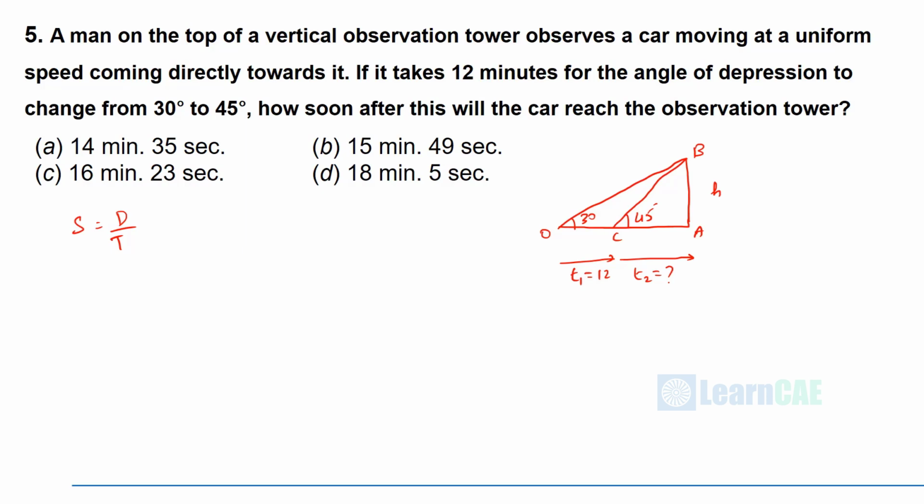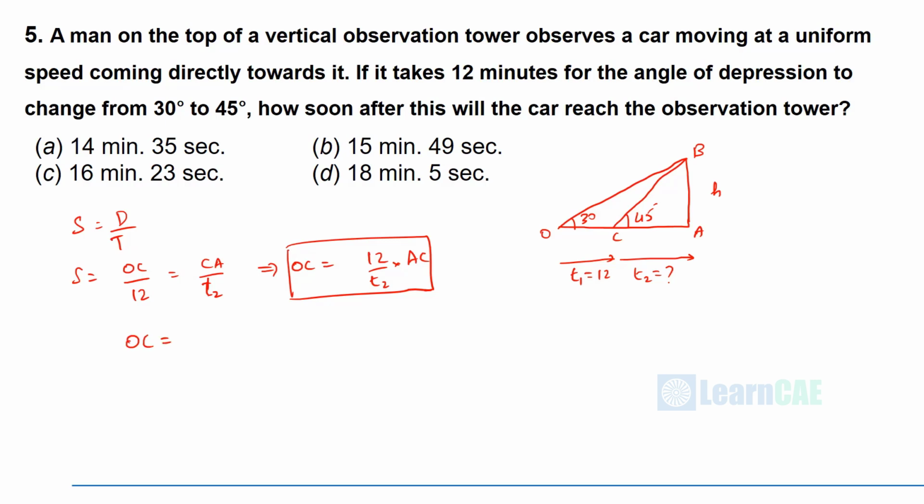Since the car is moving at a uniform speed, we can say the speed remains constant from OC as well as CA. This is OC by time taken, which is 12 minutes, and it is equal to CA by T2. This implies that OC is equal to 12 by T2 into AC. This is first inference.